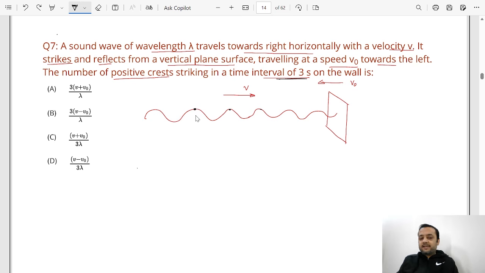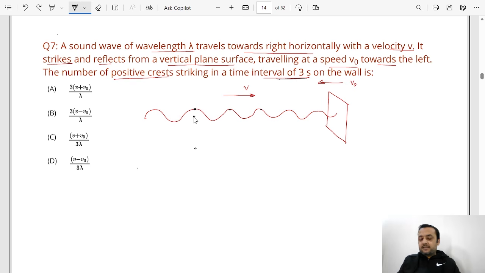If you try to represent the displacement of a particle, it will oscillate longitudinally, left right left right, because it's a sound wave. So this particle will be performing SHM, left right left right, as the sound wave propagates towards the right.